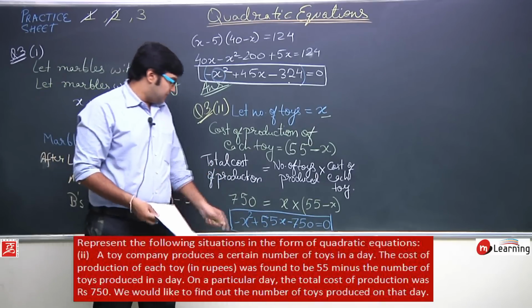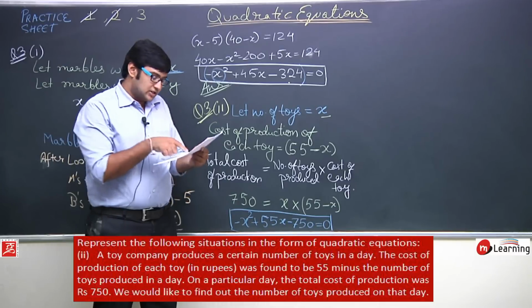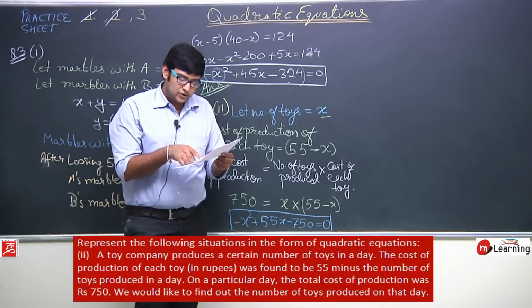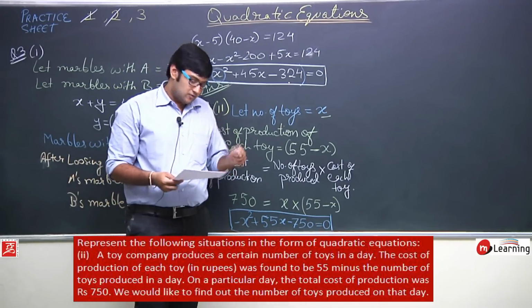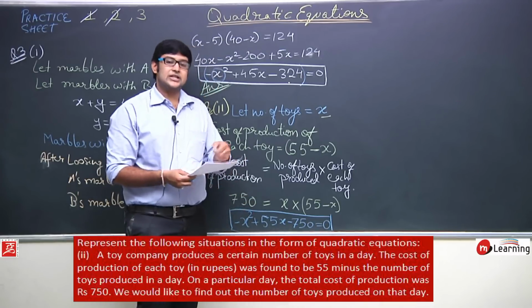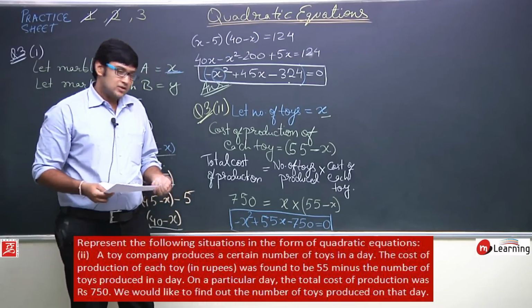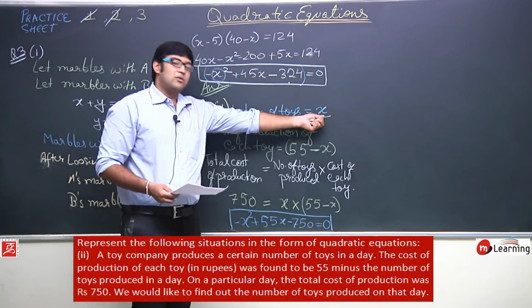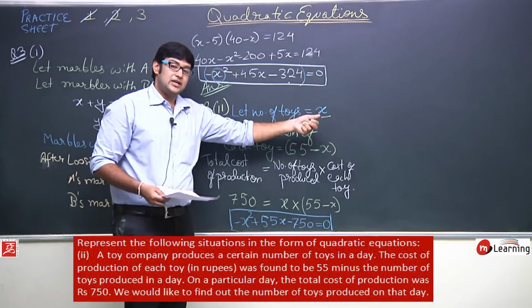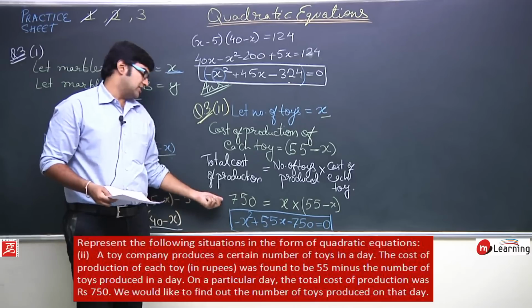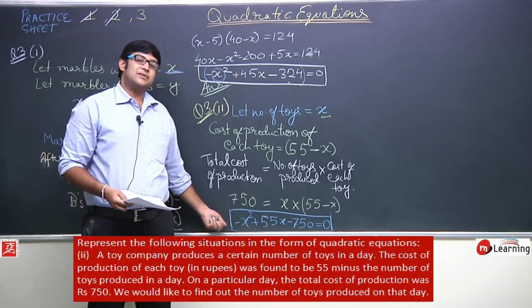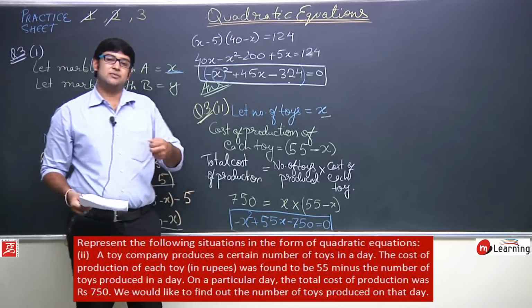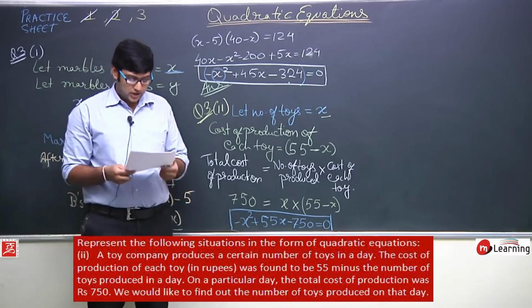Now why have we framed this equation? Because in the question it is written that we would like to find the number of toys produced on that day. Which day? The day for which the total cost of production is rupees 750. So X represents the number of toys produced on that day, and by solving this equation we can determine the value of X. Okay.